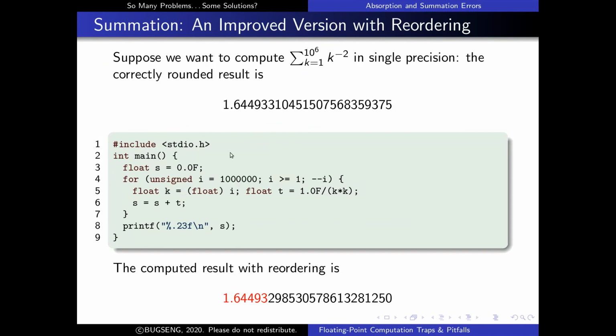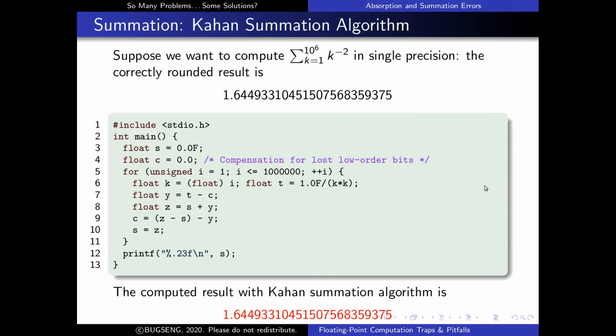By simply this trick, we increase the number of correct digits from 4 to 6. However, there is much better for summation, and this is called the Kahan summation algorithm. Okay, so again, you can look it up on Google. You will find everything about it.